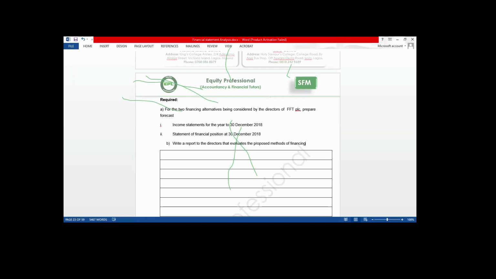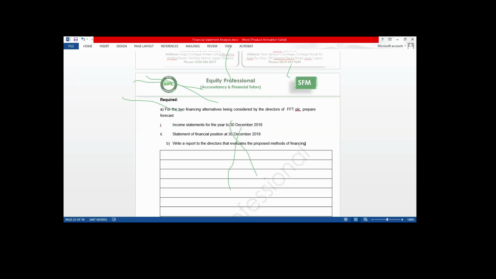That means you have alternative 1, rights issue financing. You are going to prepare an income statement for 2018 if the expansion is financed by rights issue.